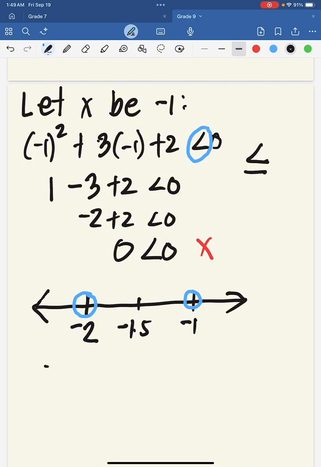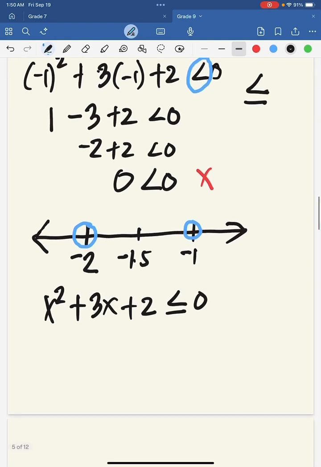Tito, what if we use x squared plus 3x plus 2 is less than or equal to 0? Then that is a different story. We could write it this time on a number line having negative 2, negative 1.